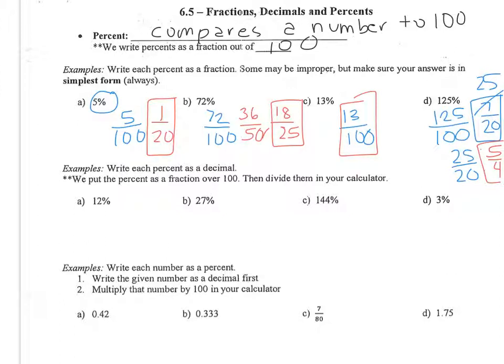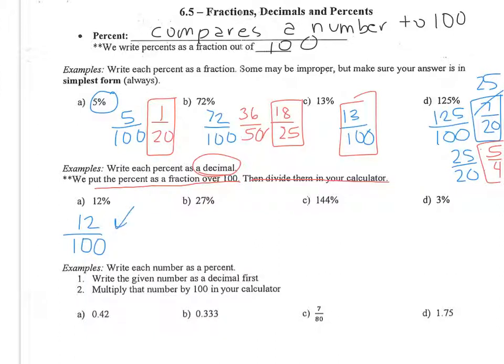And then second part, write each percent as a decimal. We put the percent as a fraction over 100, then divide in your calculator. So you write this out of 100, just like you did before, but now you just divide in your calculator.